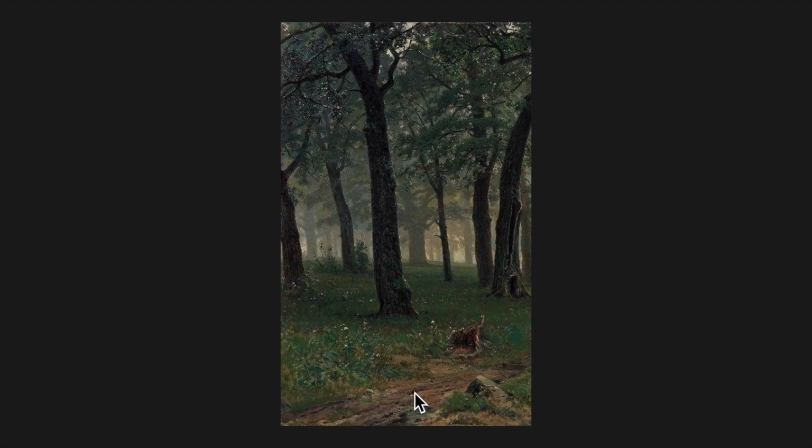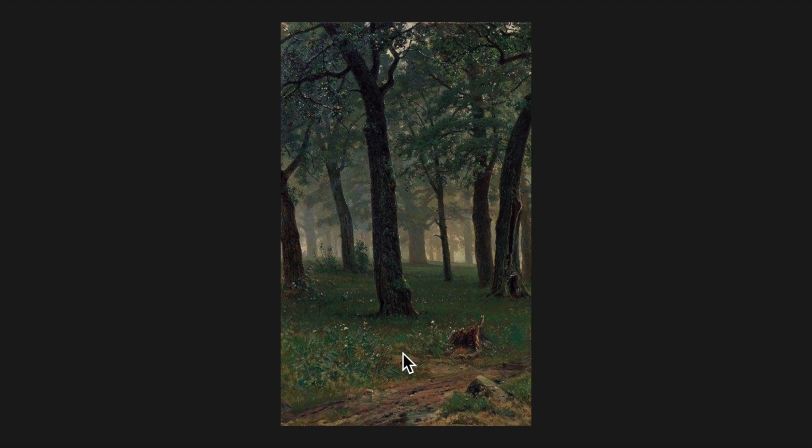So I want to look at this in terms of bottom to top, and that's near to far and left to right, and let's see how many clear steps back into space he takes us.